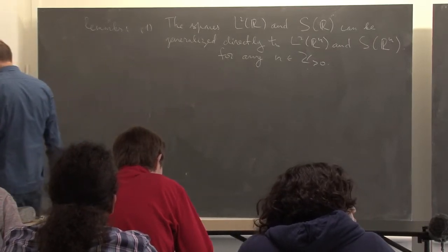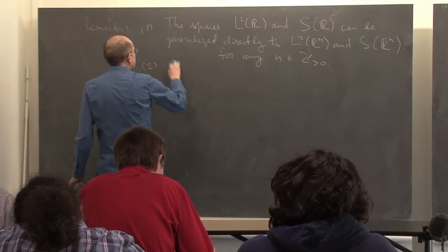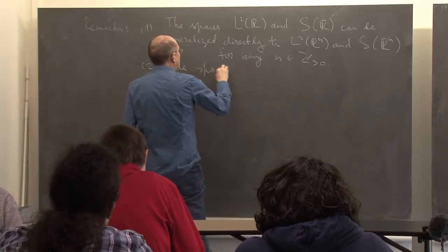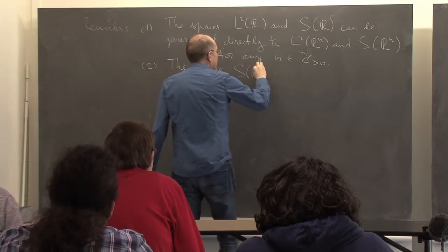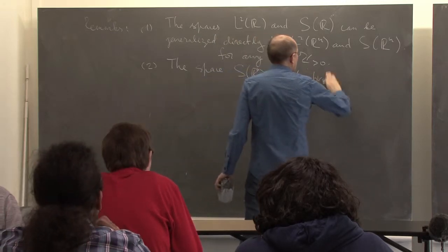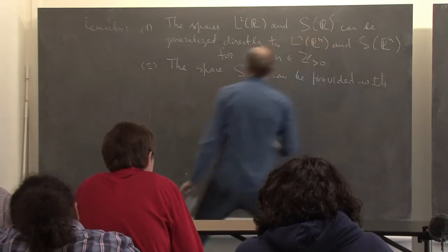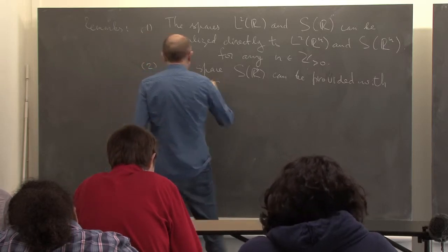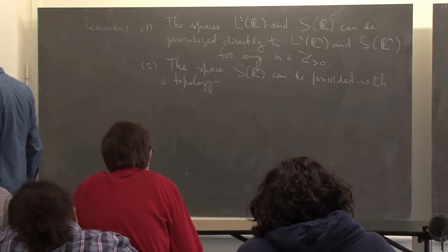Yeah, the second thing is about topology. The Schwartz space S of R, or Rn, can be provided with a topology which we will not concretize because it will take us too far otherwise.